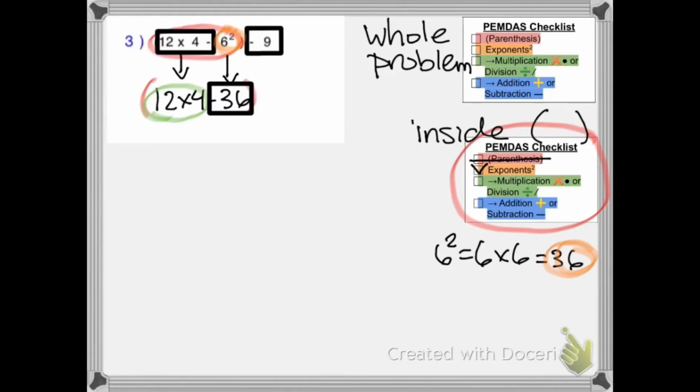And you know what? I think this time I'm going to bring down this so I don't forget it. I'm going to put a box around it. Okay. So now I need to do my multiplication. 12 times 4 is 48. I'm going to bring this down.